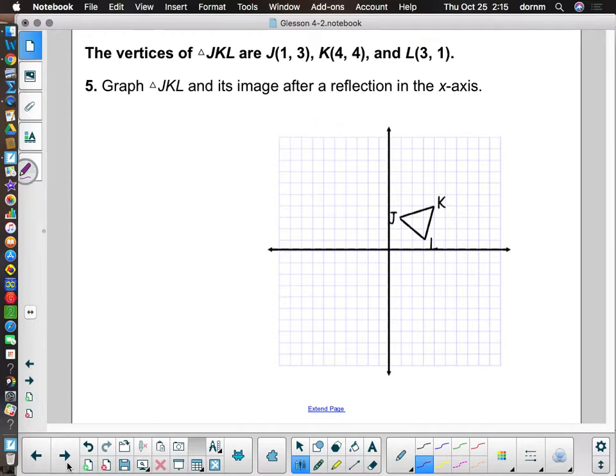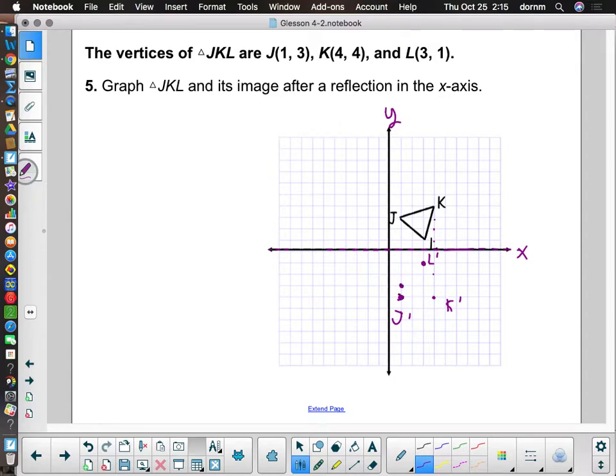The vertices of JKL are given. Graph JKL and its image after reflection in the x-axis. All right, no problem. So the x-axis is this one. This is the y-axis. Since the x-axis is my mirror, that's really nice and easy. So L primed is right there. K primed was 4 up, so 4 down. And J primed is 3 up, so 3 down. Whoops, I miscounted.